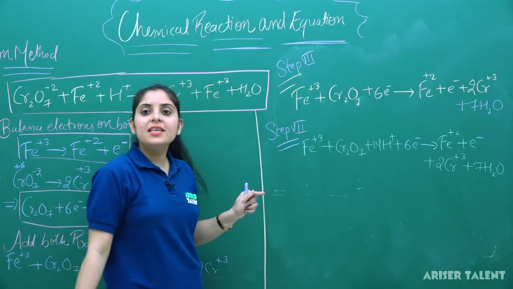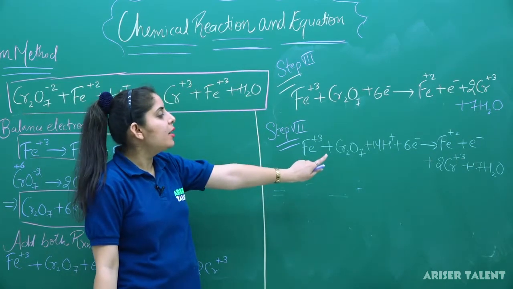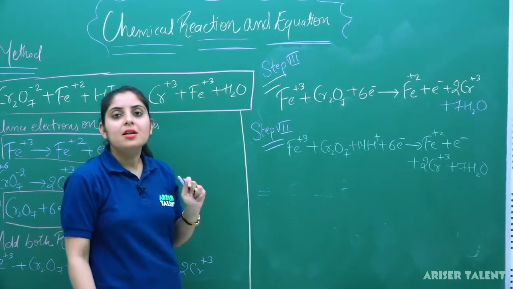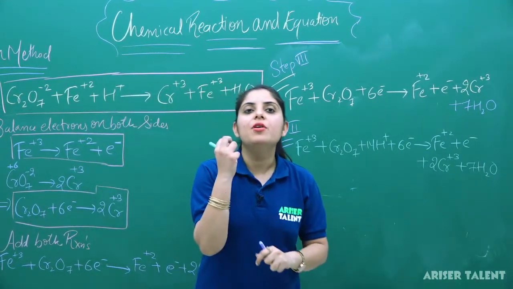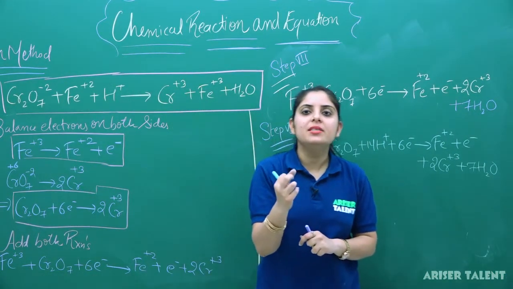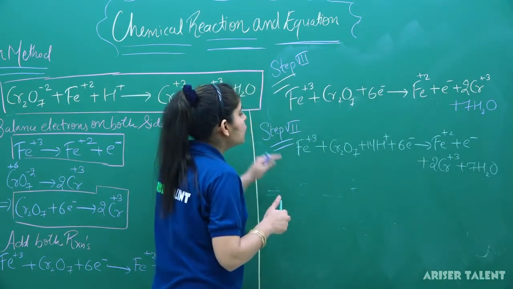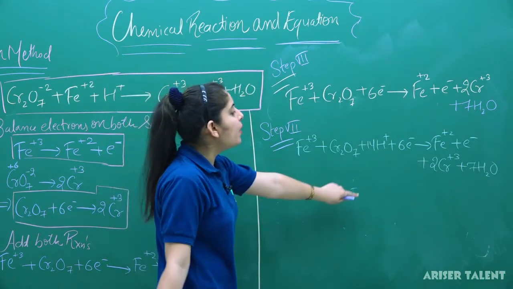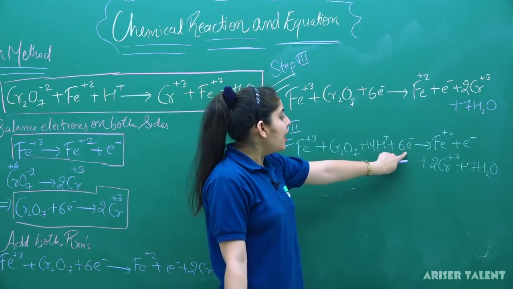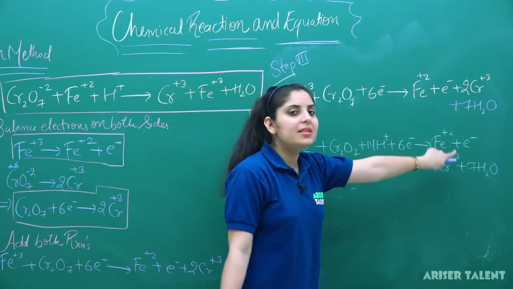Now you can see here the hydrogens and oxygens are completely balanced, but we have skipped our first step in this equation. We have to equate the number of electrons in this equation. So what I have to do here, I have 6 electrons and I have to cancel these 6 electrons with these 6 electrons.